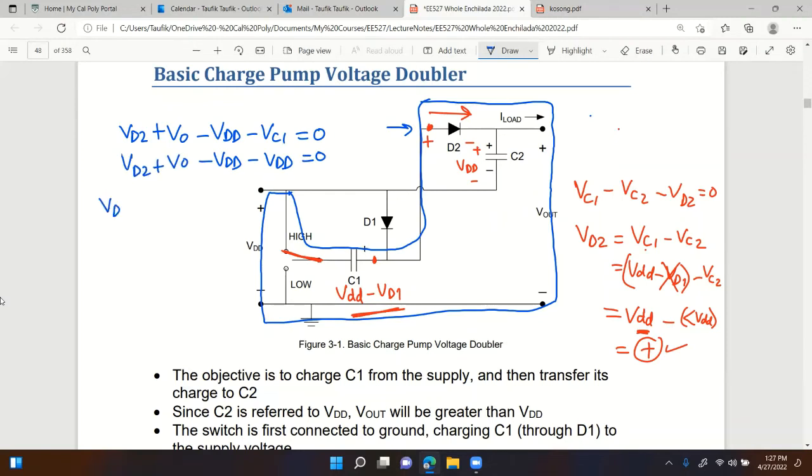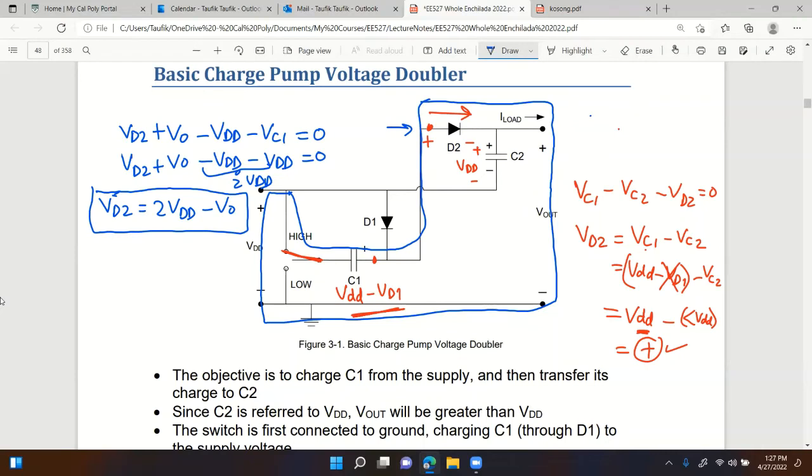All right, so VD2 is equal to 2 VDD minus V out. This will also work, because this tells me that the voltage across D2 right now is equal to 2 times the input minus the output, as I said earlier.